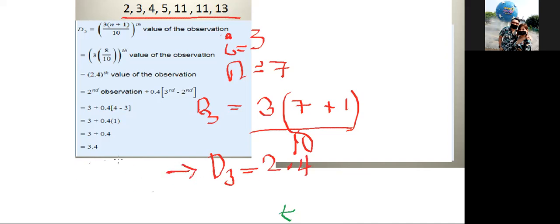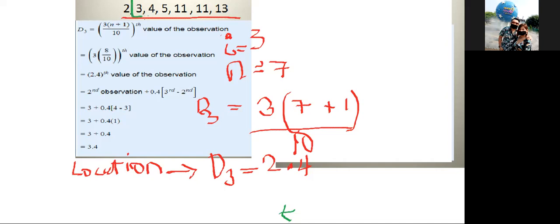Maybe it's easier to say location than position, the location of your third decile. Okay, so this is not yet the answer. You need to take note that when we have a decimal point, 2.4, it is in between the second and the third data. What are the second and the third data here?